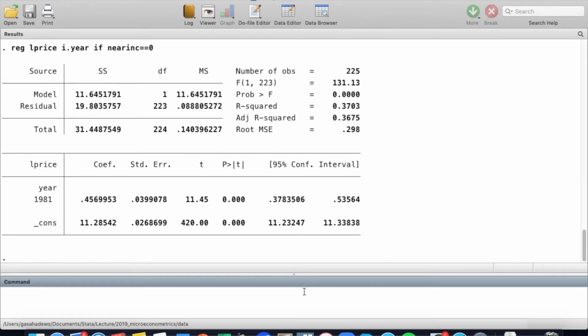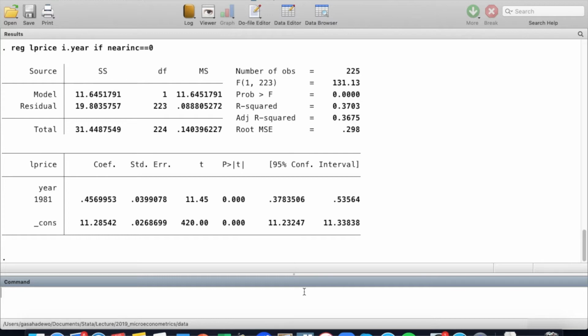So that's the idea of where we're going with the difference in differences approach. We actually want to compare the changes in the price of houses between those located near the incinerator and those far away from the incinerator.